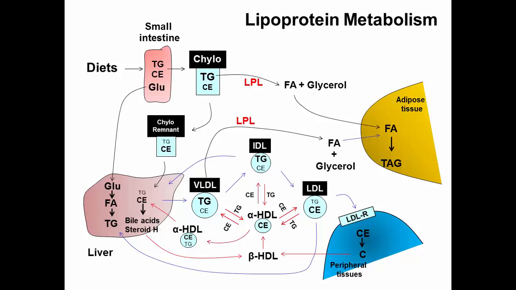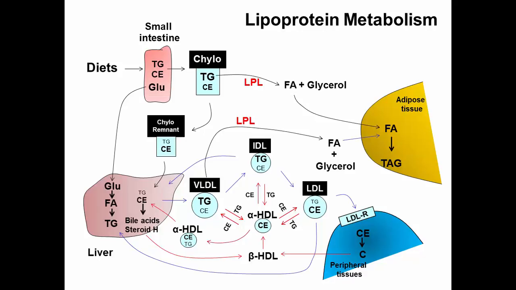And then the HDL cycle. Beta HDL basically has no lipids, and it gets lipids, free cholesterol and phospholipids, from the peripheral tissue. Then after the reesterification of free cholesterol to cholesterol esters, and also the exchange of lipids between VLDL, IDL, and LDL, alpha HDL becomes larger and mature, and can then transport to the liver.